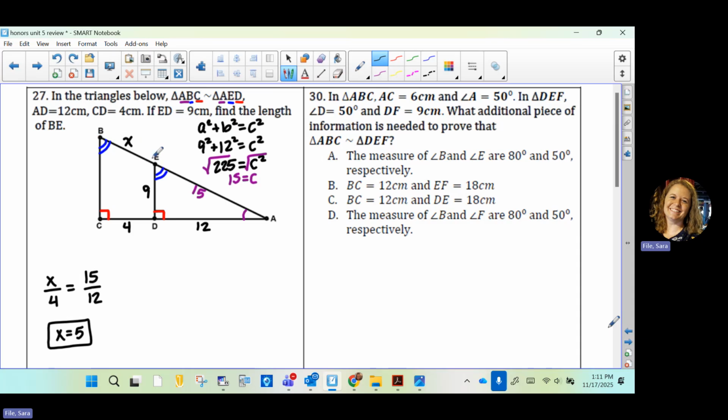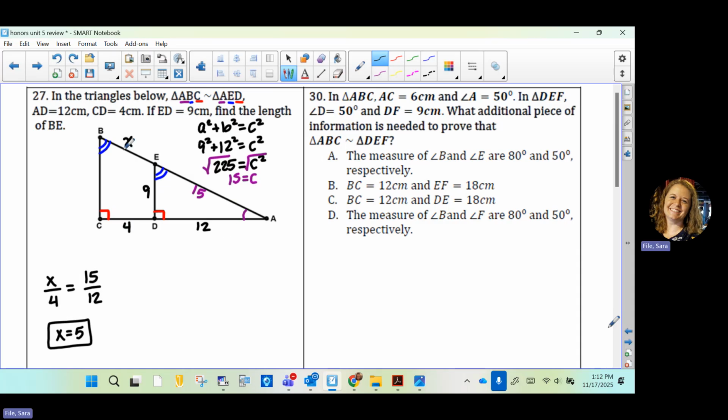But we know that when we have a parallel line cut through a triangle like ED is doing, and I know it's parallel to BC because these angles are both right angles, it splits the sides of the triangle that it intersects proportionally. So BE is to EA as CD is to DA.